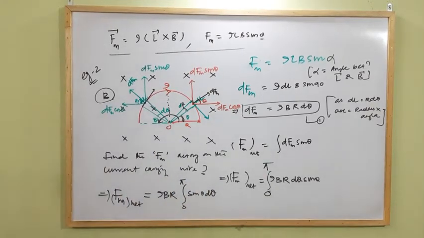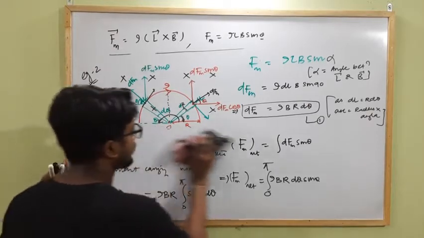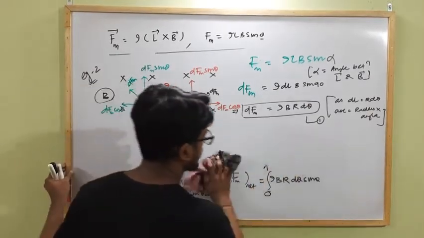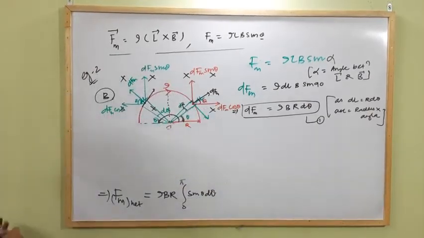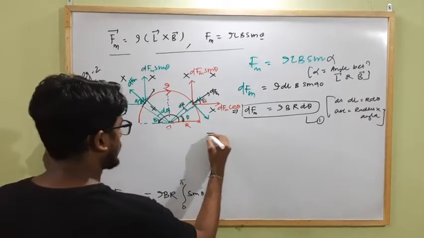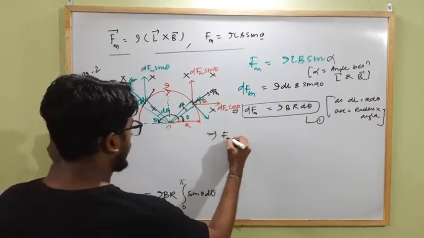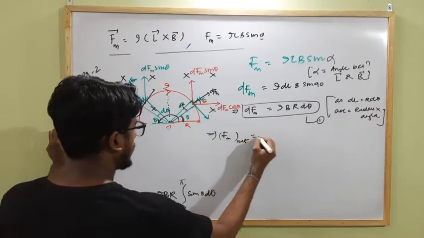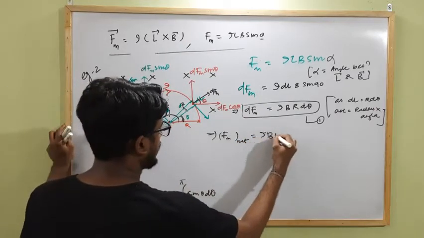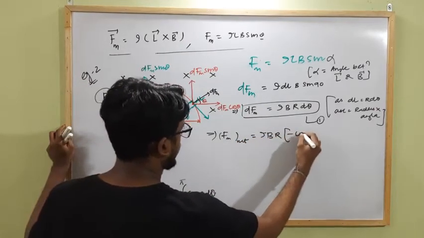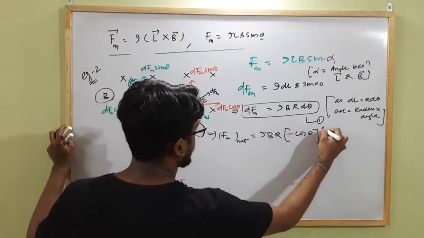So this can also be written as, this implies we can write F_m net equal to IBR into minus cos theta from 0 to pi.